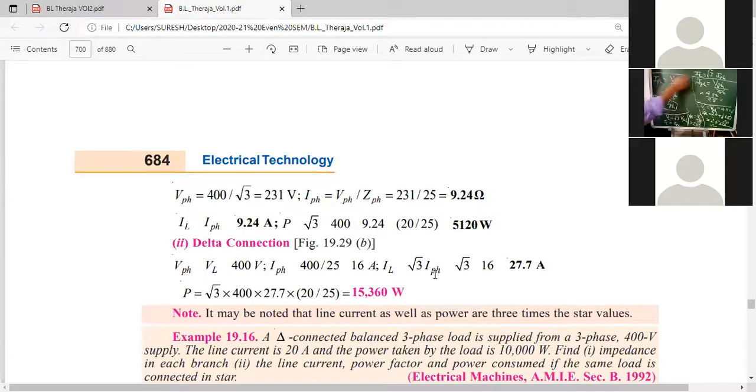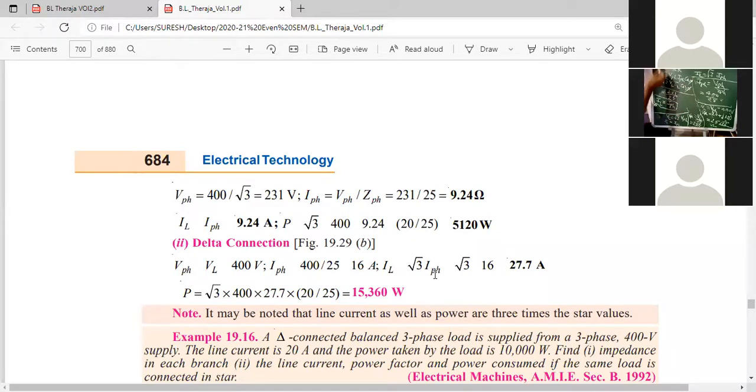Next, power P in both the cases. Power P is equal to, three formulas are there, 3 into I phase square into R. What is the other formula? We can use any formula.